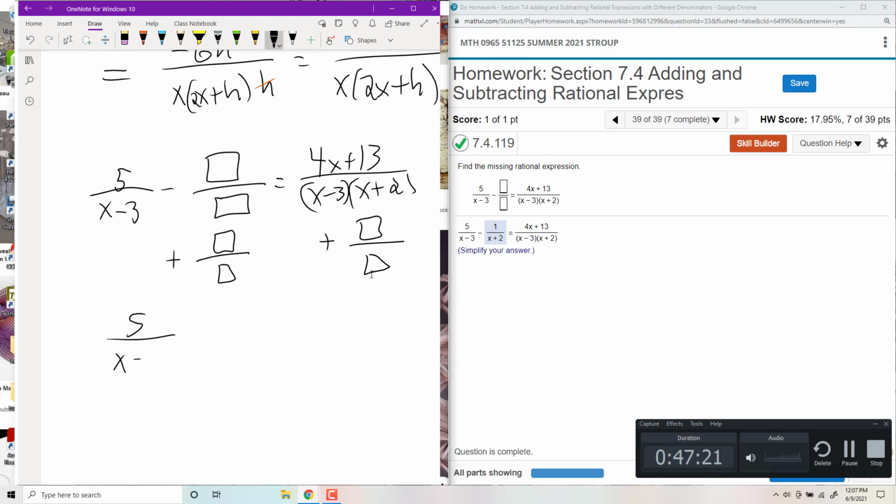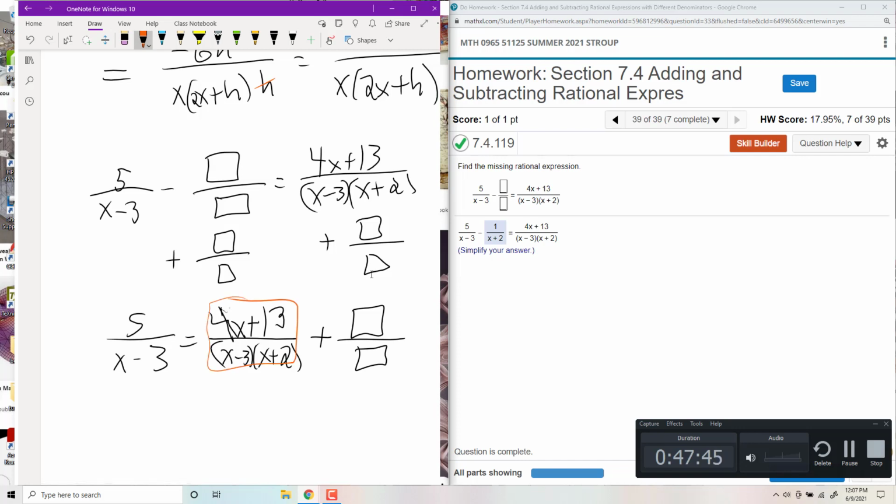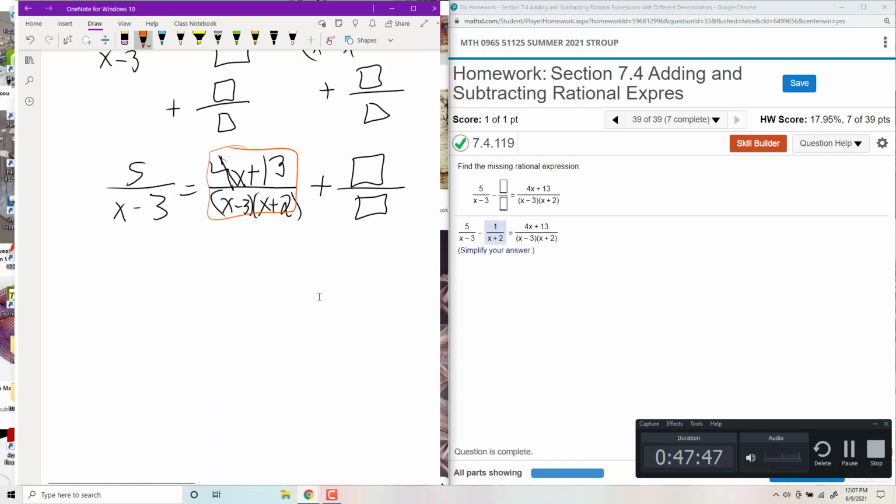I didn't mean to do that. 5 over x minus 3 equals 4x plus 13 over x minus 3 times x plus 2, plus the box over box. And then I move the 4x plus 13 over x minus 3 times x plus 2 to the left side by subtracting it. I don't show it, but that's what I did.